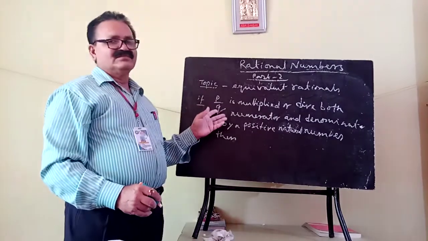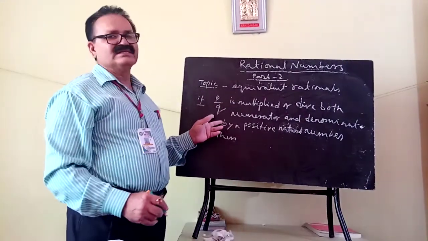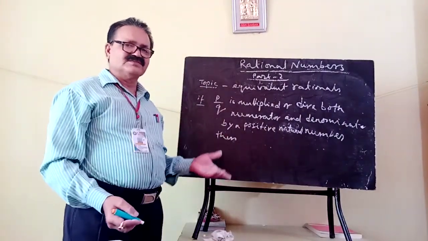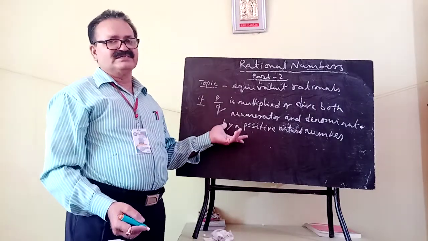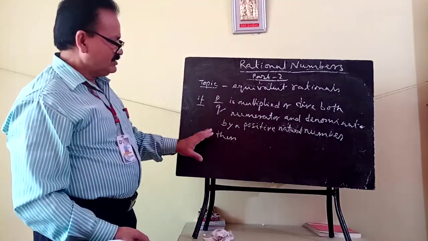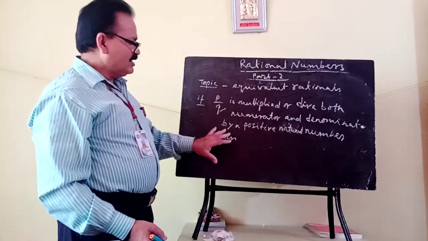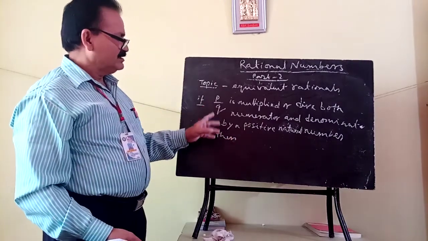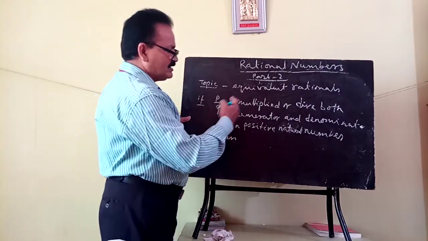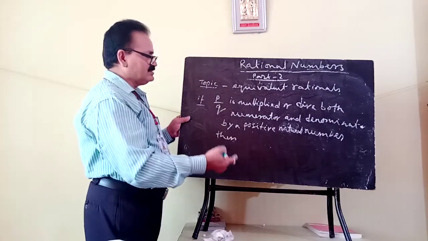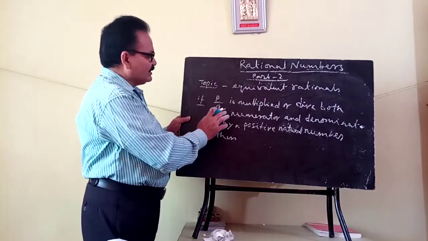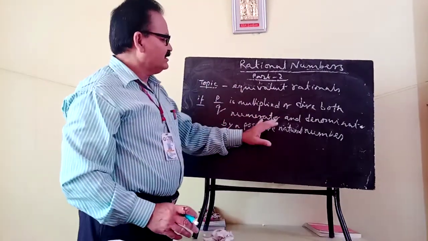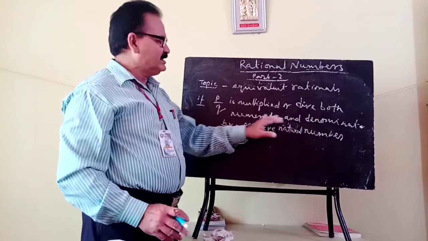So we should not multiply 0 with any rational number, because the value will be meaningless. In case of the denominator, if you multiply or divide by 0, it is meaningless, it is undefined. So you have to multiply or divide by a positive or negative rational number. So for getting an equivalent of P by Q, you have to multiply or divide the numerator and denominator by a natural number.